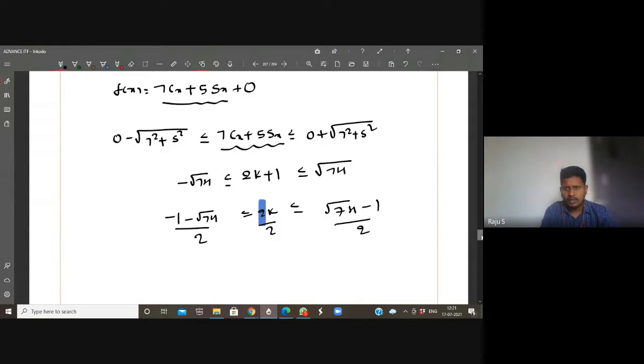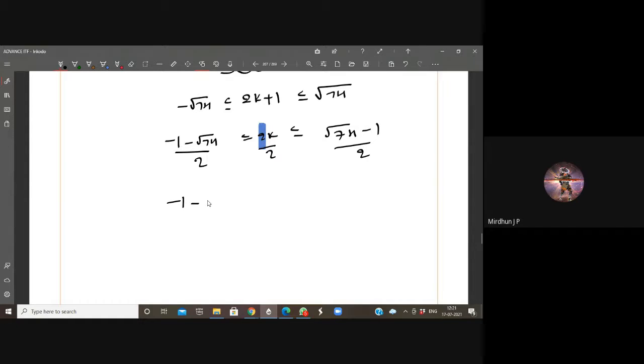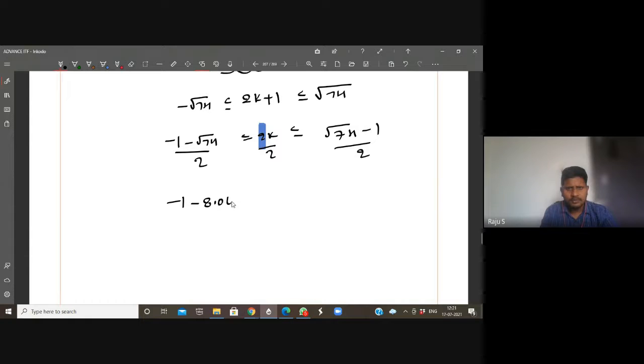What is root 74 approximately? 8.06. So minus 8.06 minus 1 by 2, less than or equal to k, less than or equal to 8.06 minus 1 by 2, approximately minus 9.06 by 2.